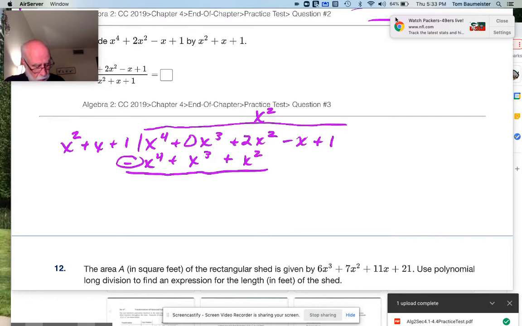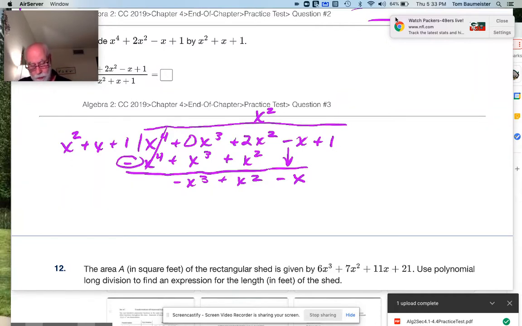So x to the 4th minus x to the 4th goes away. I get 0x cubed minus x cubed because of minus. So that'll be negative x cubed. And then I have 2x squared minus x squared. Well, that will give me a plus x squared. And then remember, I bring down the next one. So minus x.